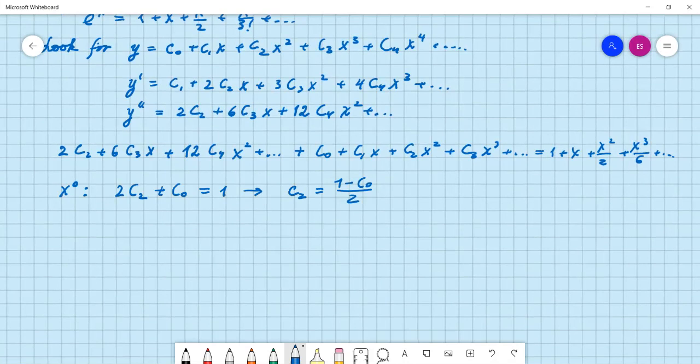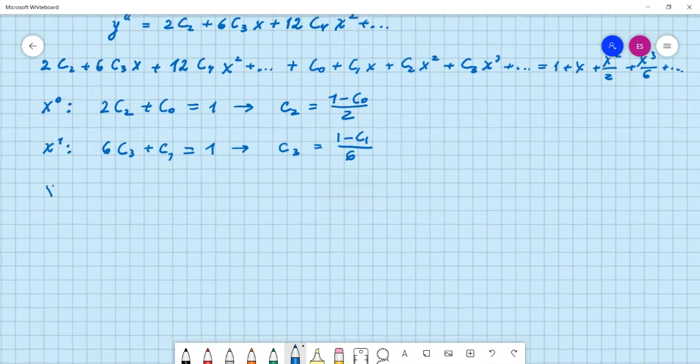Okay, very good. x to the power of 1: I have 6c3 plus c1 equals, again, 1, just because the coefficient is 1. So c3 equals (1 minus c1) over 6.